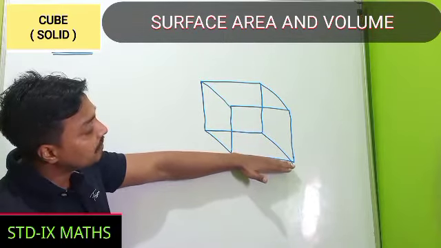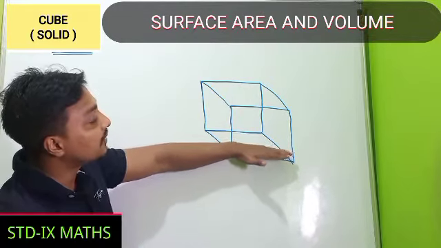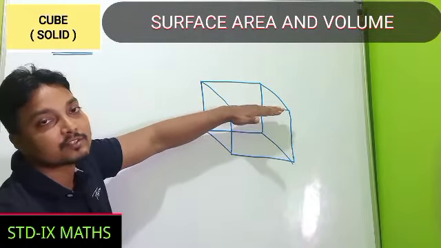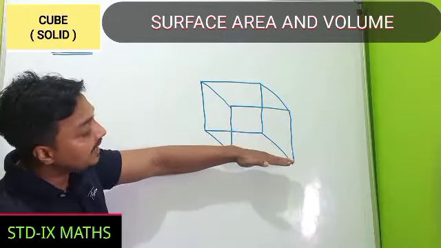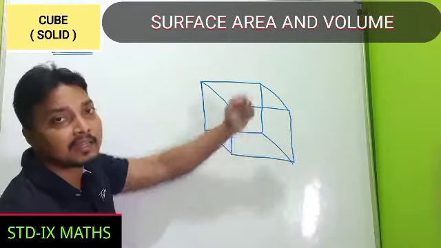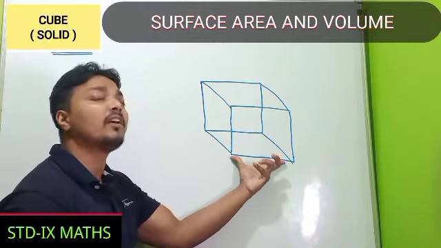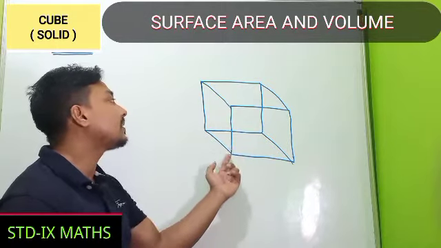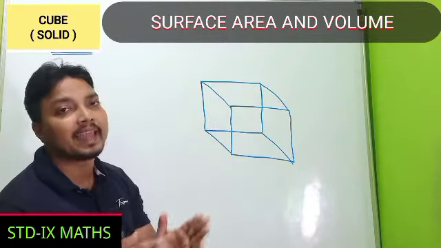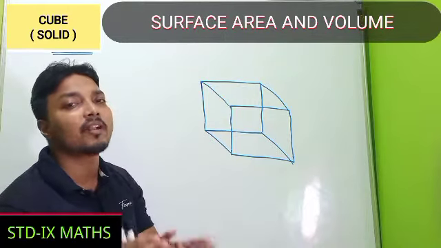We have to make a stack of identical squares, one over another, in such a way that the side of the square is the same as the height of the stack. Whatever figure we obtain is called a cube.